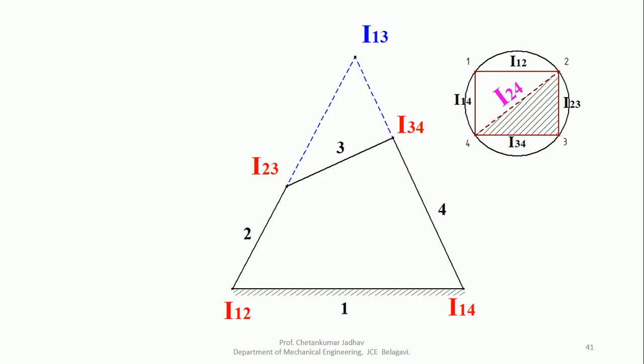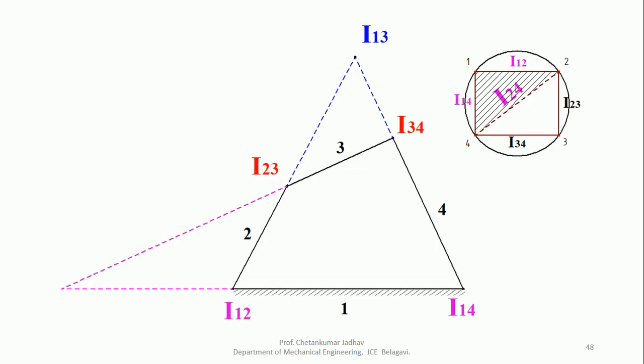From the lower triangle 2, 3, 4, it is clear that the instantaneous center I24 lies on the extension of I23 and I34. Hence, draw a dotted line passing through instantaneous center I34 and I23 as shown in the figure. From the upper triangle 1, 2, 4, we can say that the instantaneous center I24 lies on the extension of I12 and I14.